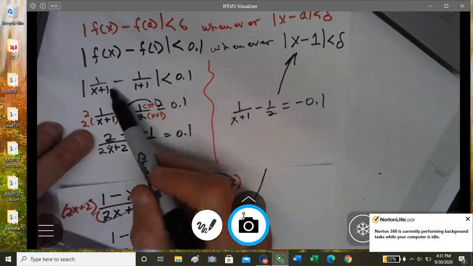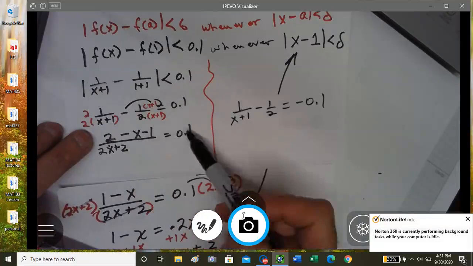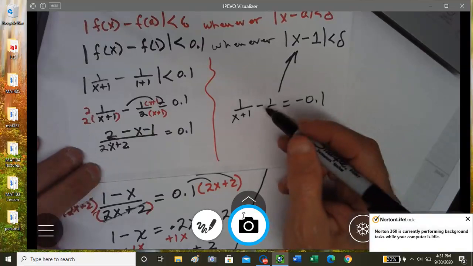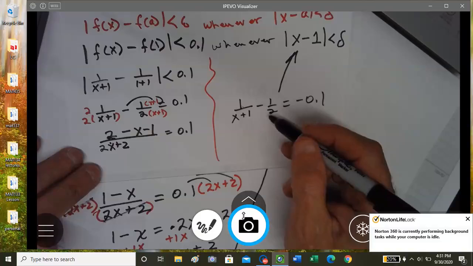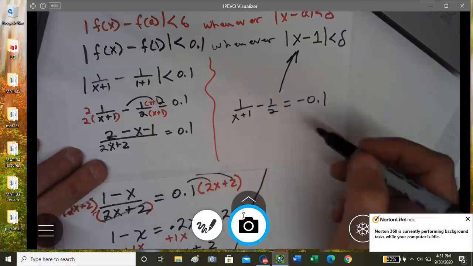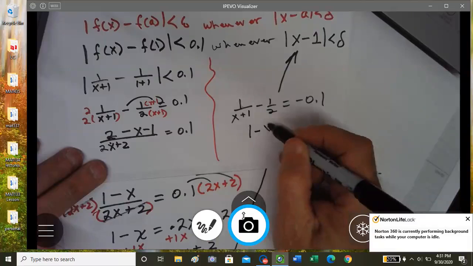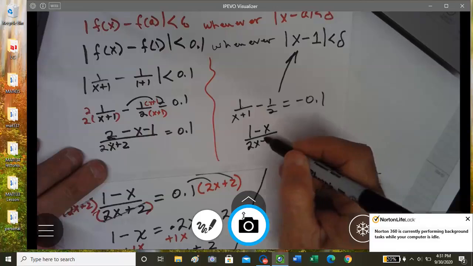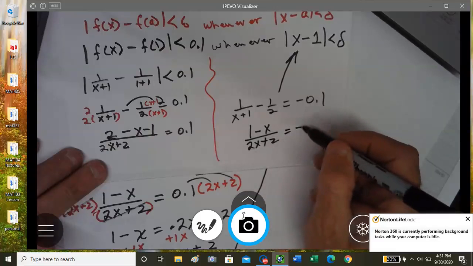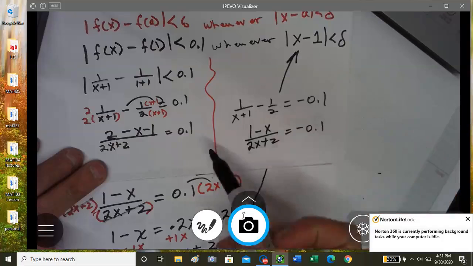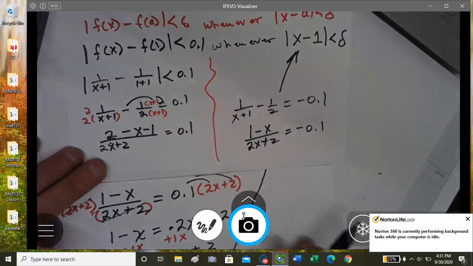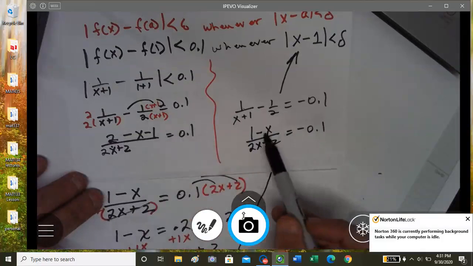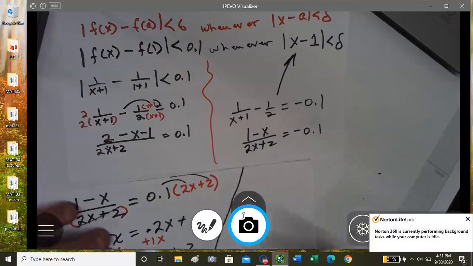So because of the absolute value, we're looking at positive 1 and now a negative 0.1. So again, we combine these, right, and we get the same thing here: (1 minus x) over (2x plus 2) equals a negative 0.1. What we did here and here is the same process.